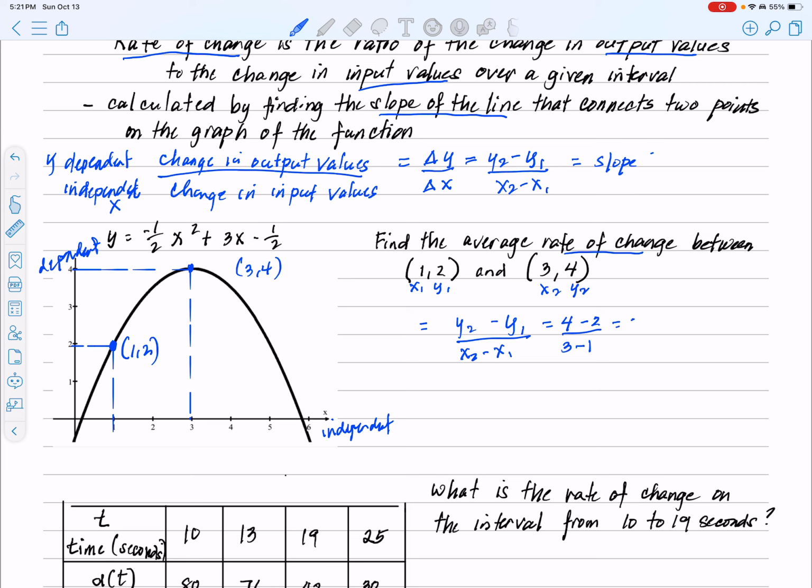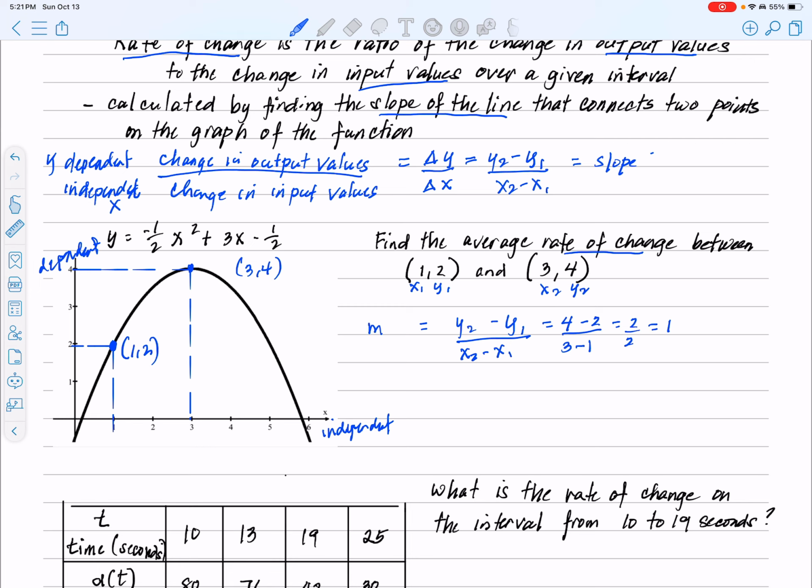So you have 2 over 2, which is equal to 1. All right. So you could say that the average rate of change between 1, 2 and 3, 4 is equal to 1. Or simply we could say the slope.